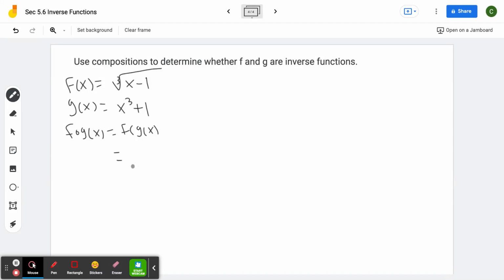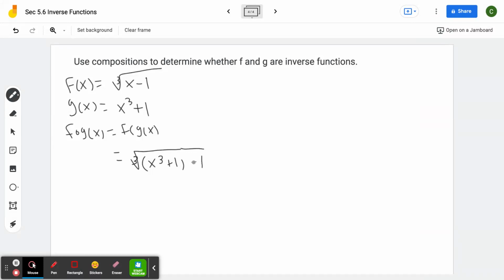So it's going to equal the cube root of x cubed plus 1 minus 1.